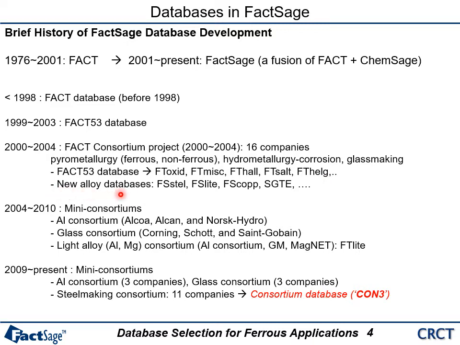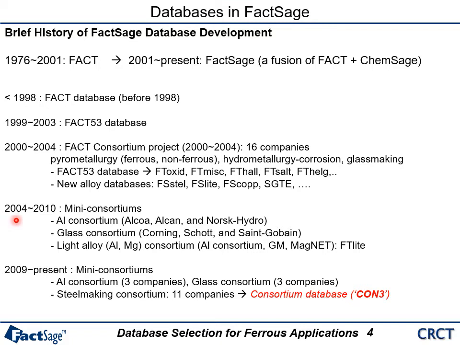At the same time, we developed many alloy databases for phase diagram calculation and phase transformation calculation for alloys, including the FSstel database for steel calculation, the FSlite database for light alloys such as aluminum and magnesium alloys, and the FScopp database for copper alloys. And then we also included the SGTE database as one of the databases we provide in FactSage.